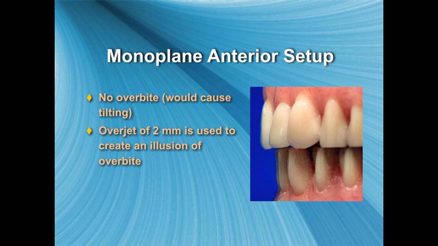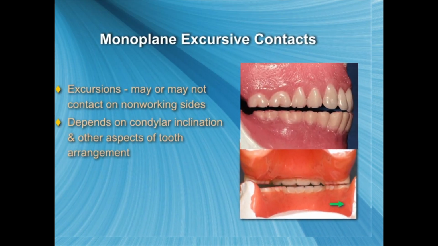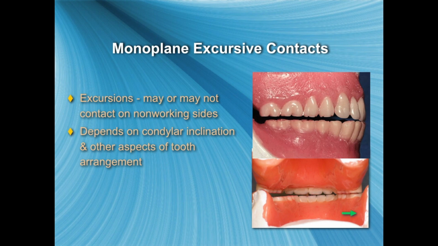Similarly, an overjet of 2 millimeters is used to create an illusion of the overbite. In excursions, in a true monoplane occlusion, as the patient goes to an excursions, if there is any condylar inclination at all, this will tend to cause some separation of the posterior teeth, as we saw in our examples earlier.